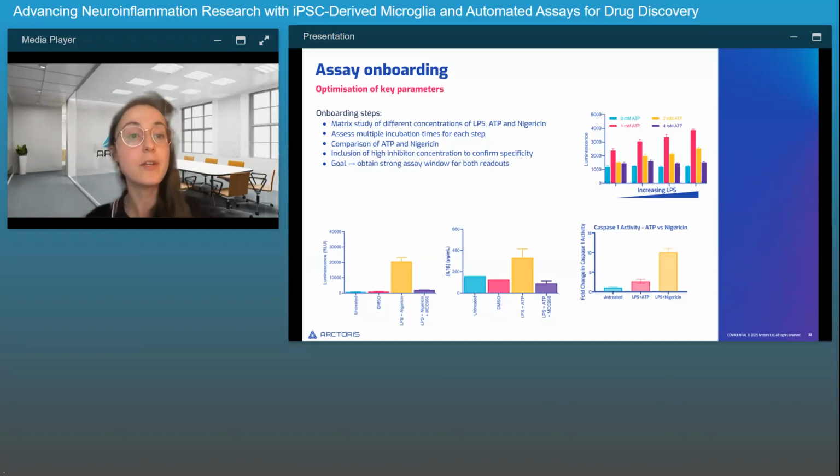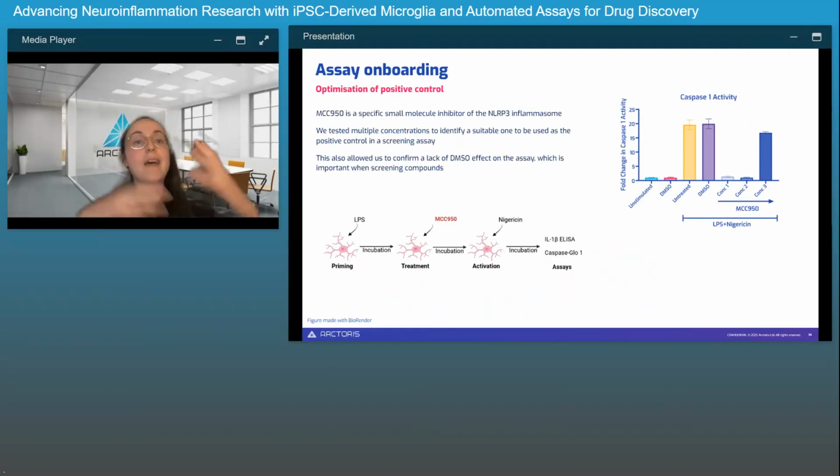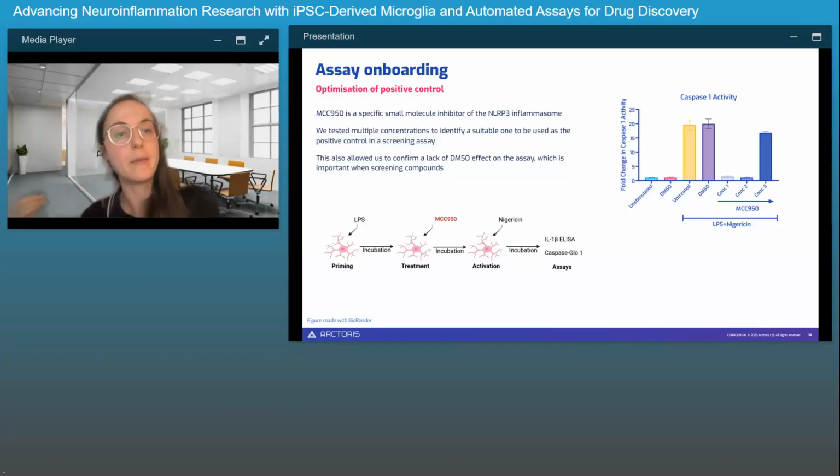We also tested an inhibitor, which I'll talk more through in the next slide. Because in order to have a positive control, if we are looking for compounds that inhibit the inflammasome, we need to have a control that we know will inhibit the inflammasome. And one such compound is MCC950, which is a very specific inhibitor of the NLRP3 inflammasome.